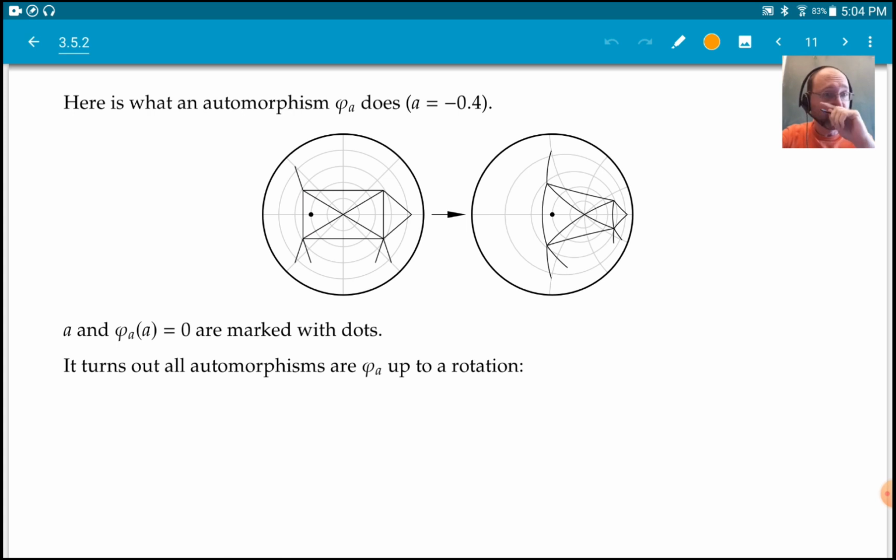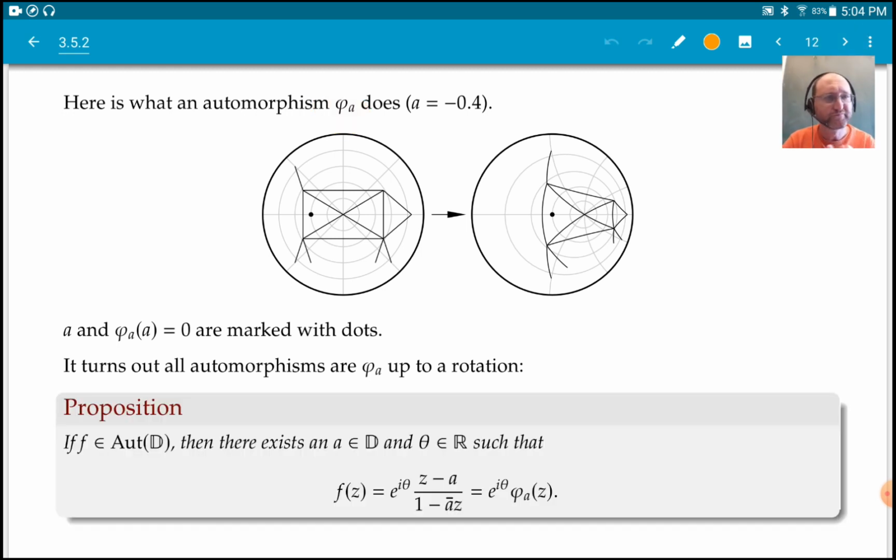All right. So now it turns out that if you use these for all different A in the disk, that's almost all the automorphisms. It's not quite all the automorphisms. I could also rotate.